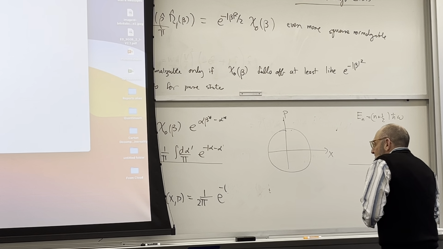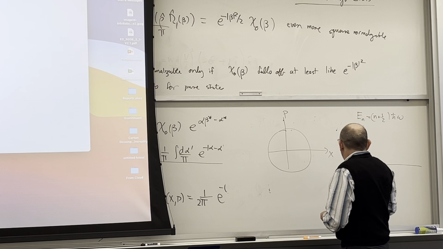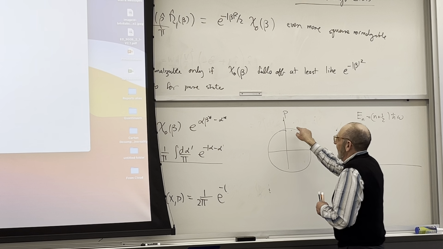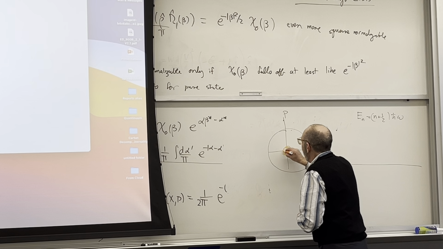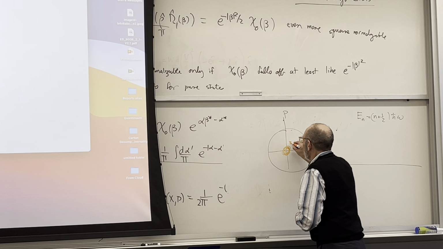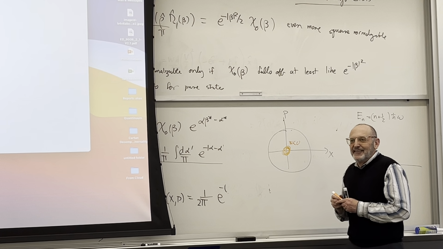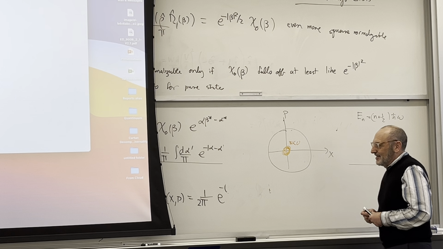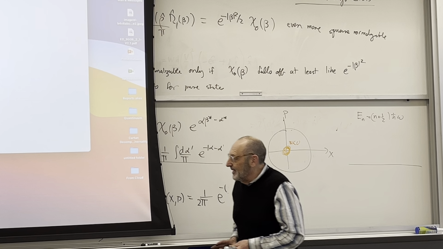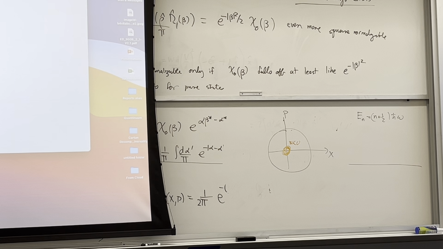But basically, the Wigner function is concentrated over here with a negative part in the middle, whereas the Husimi distribution is going to be concentrated around here, but with a wider width.